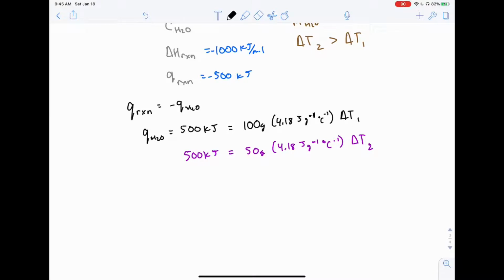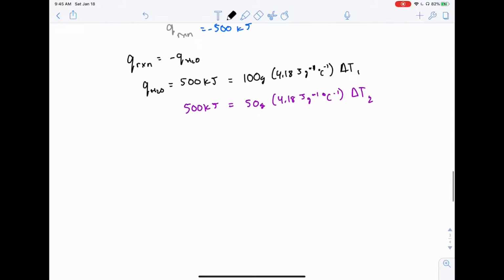Most of y'all will blindly go in there and calculate Q and put equals mc delta T, and you're going to get a delta T that's actually 1,000 times less than it should be. I'm telling you, you need to write your units out and make sure you're paying attention. So this is not 500 kilojoules. This is 500,000 joules.